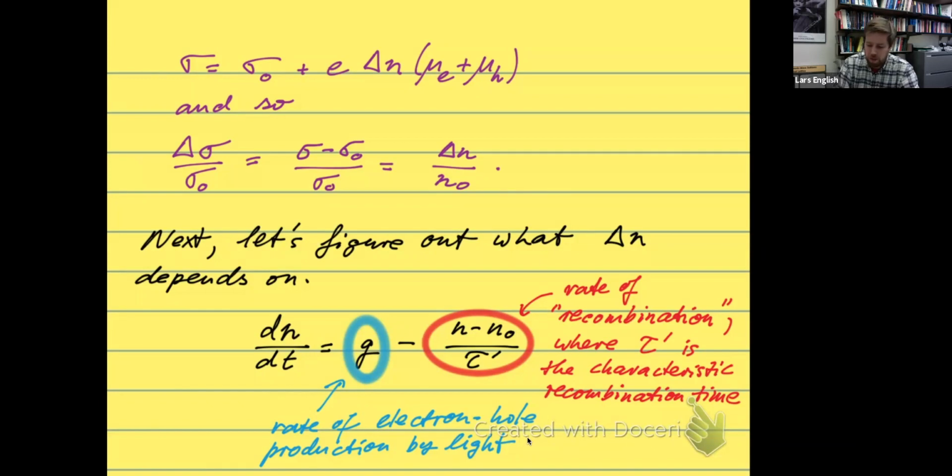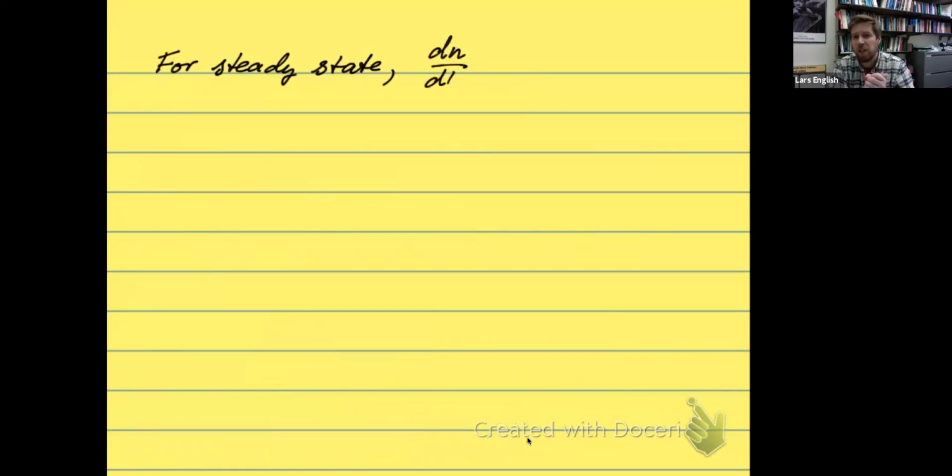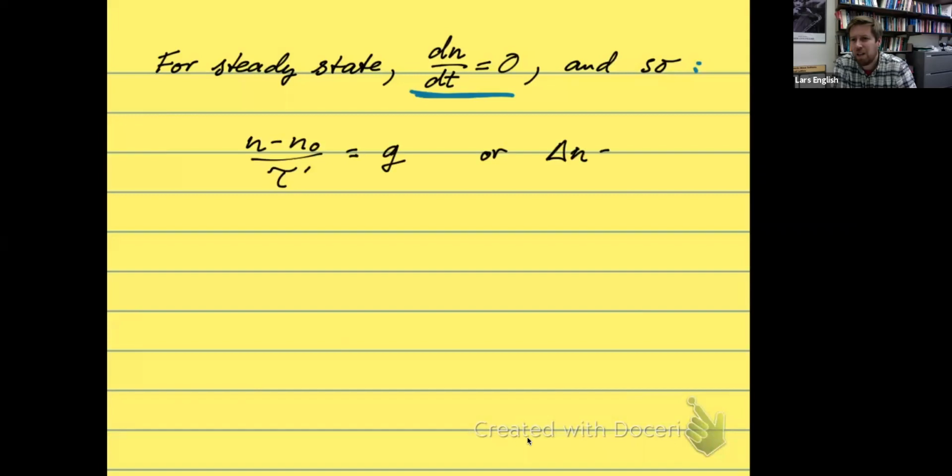Okay, so here's our equation, but for steady state, we know that things can't change. We've reached a plateau, the numbers don't change. And so setting the previous right-hand side to 0, we get that the delta N is going to be related to these other constants in the following fashion: the delta N is equal to G times tau prime.